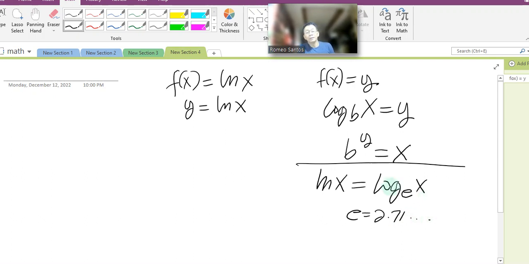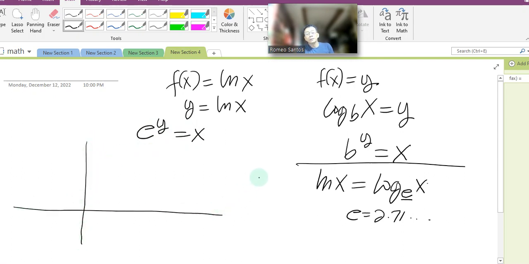Okay, so now if we try to write this in this form, this becomes e raised to y is equal to x. Now to plot this, of course, you just assign values of y and x.